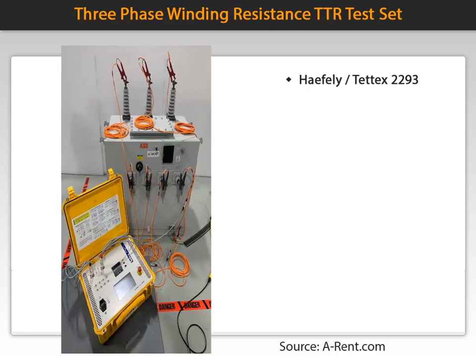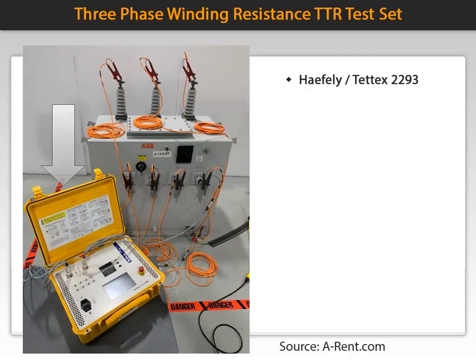This is a Haefely TETEX 2293 combination 3-phase winding resistance meter and transformer turns ratio tester. This unit performs both 3-phase winding resistance and turns ratio testing on a transformer without the need to switch cables. This picture shows a setup of the tester on the oil-filled transformer.